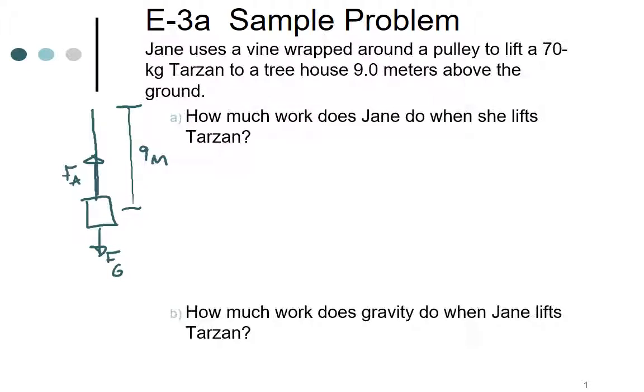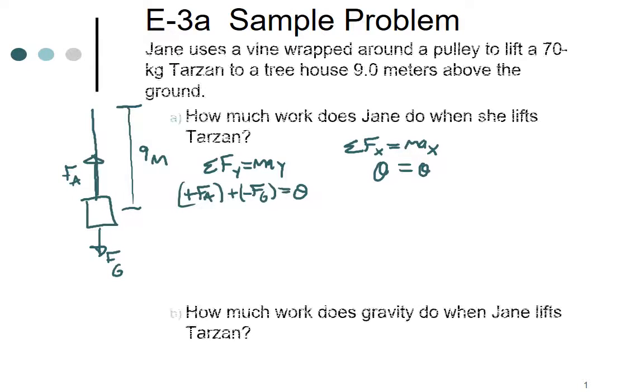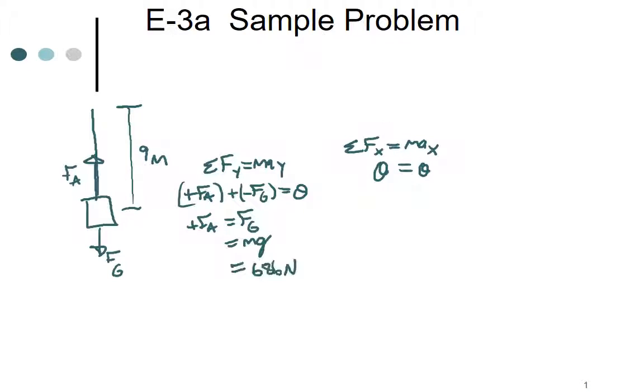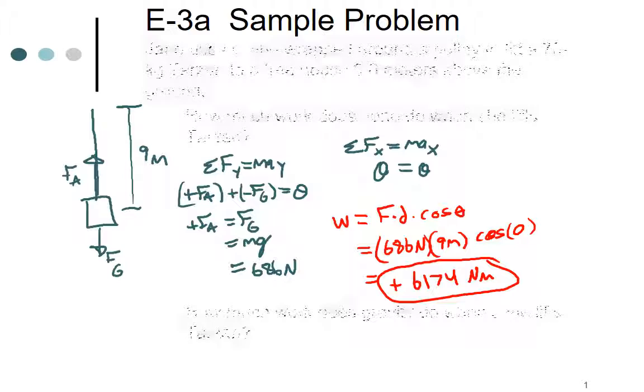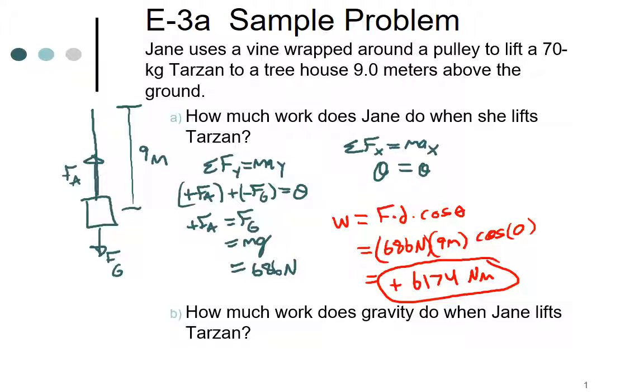Okay, so as you set up the forces, the force applied in the y, force of gravity, the force applied would be 686. And then for work, for the first one, it's positive work because the displacement is up, the force applied is up, and the angle is 0 degrees.